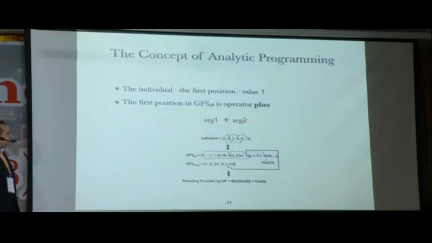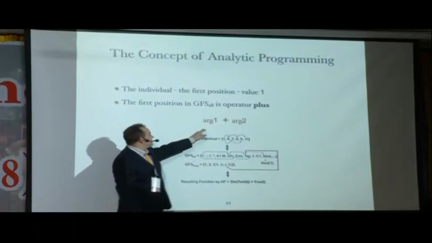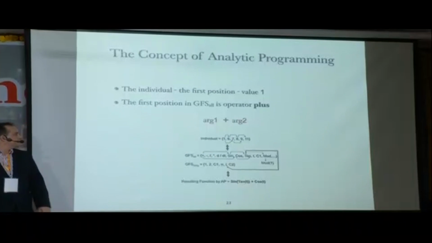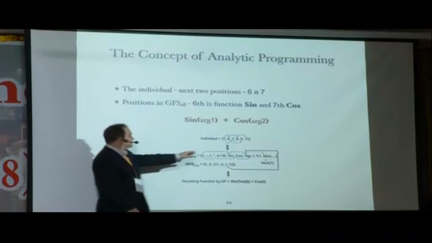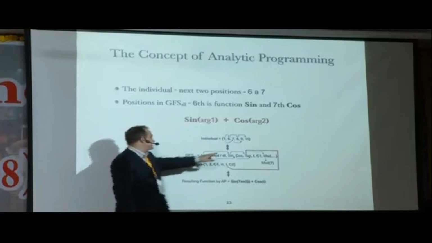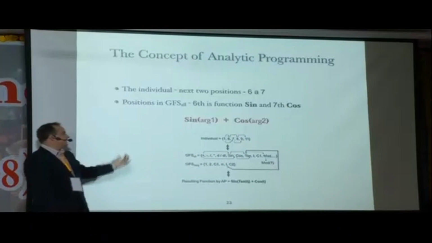And now you look at it that the first individual is again plus. So we need argument plus argument. So we take another 2 positions from the individual, 6 and 7, which is sinus and cosinus. Again, we need another arguments.